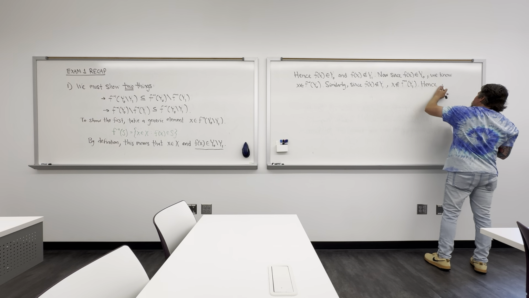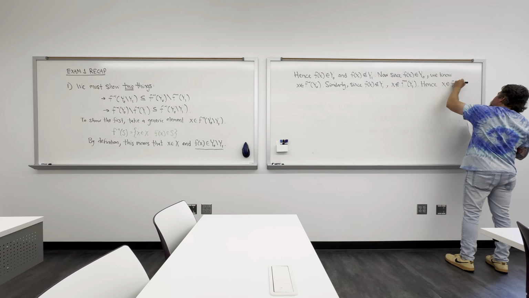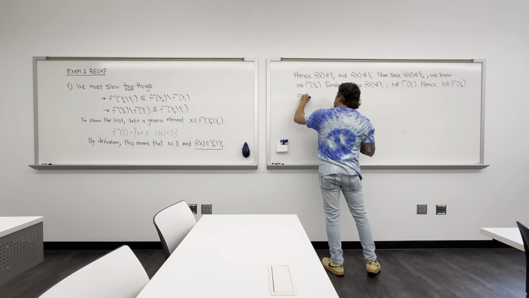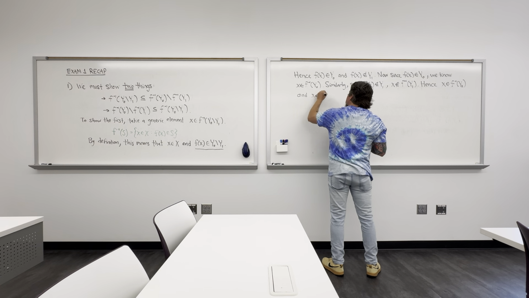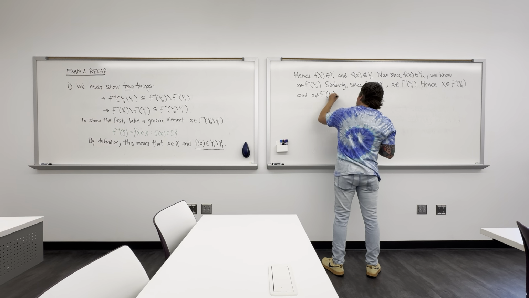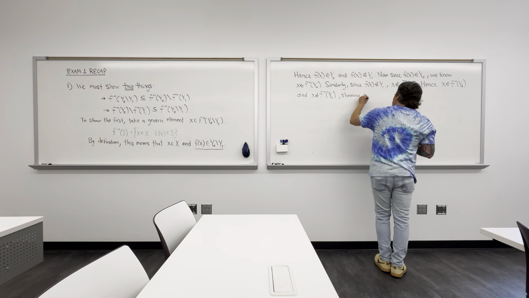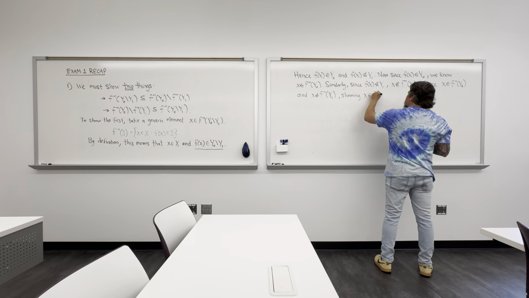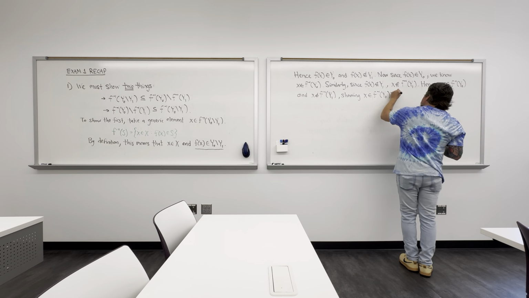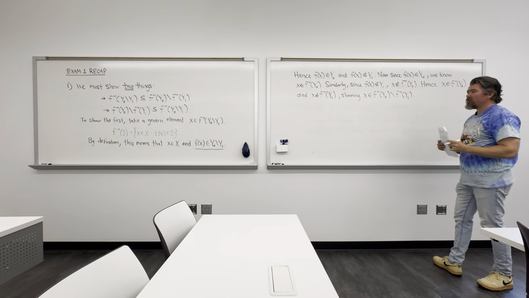Hence, x is in f inverse of Y0, and x is not in the inverse image of Y1, showing x is in f inverse of Y0 minus f inverse of Y1.